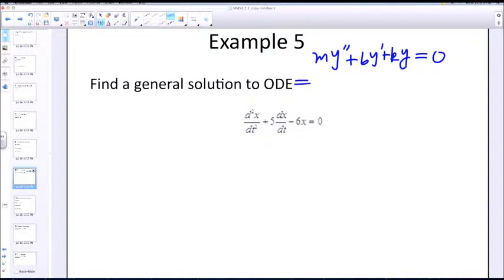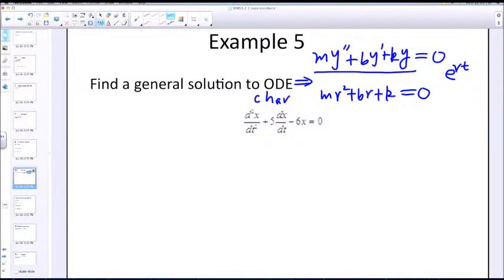And then to solve that equation, we just guess the solution looks like this. And the r may or may not be real. And then we end up with this quadratic algebraic equation, which is the characteristic equation. Sometimes you also call it, in some books, auxiliary equation.